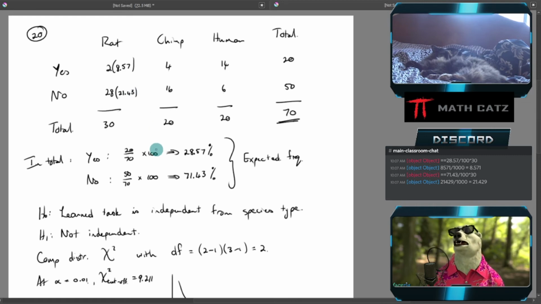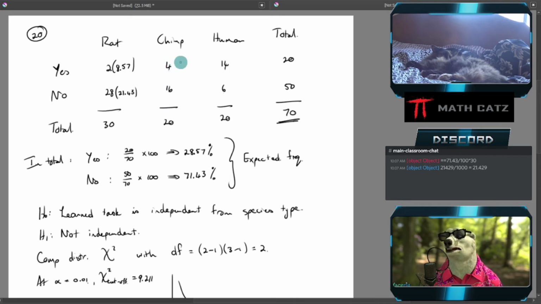Because then I think of whole rats, of course. We can't have half of the rats learning the skill and the other half of that same rat not learning the skill. That's ridiculous. But in the calculation, I do keep the decimals. So there is some fluctuation between what I expect and what I observed, but that could just be natural fluctuation because of the sampling, right? From one sample to the next, it's going to happen.